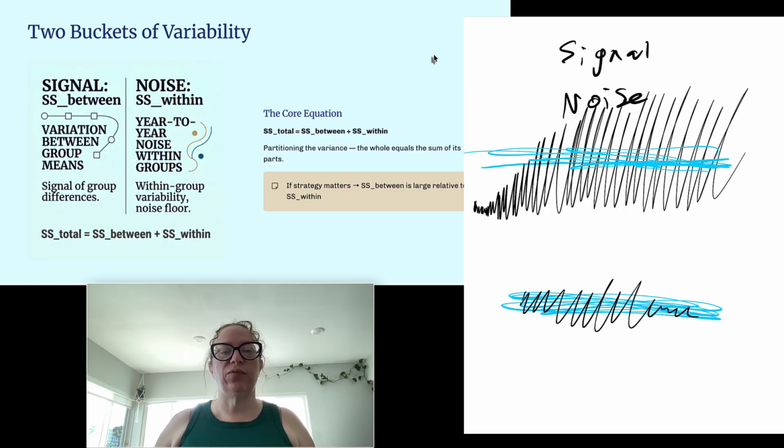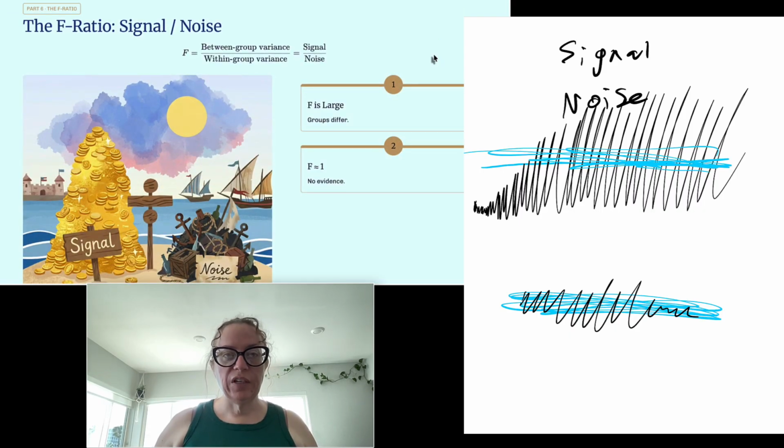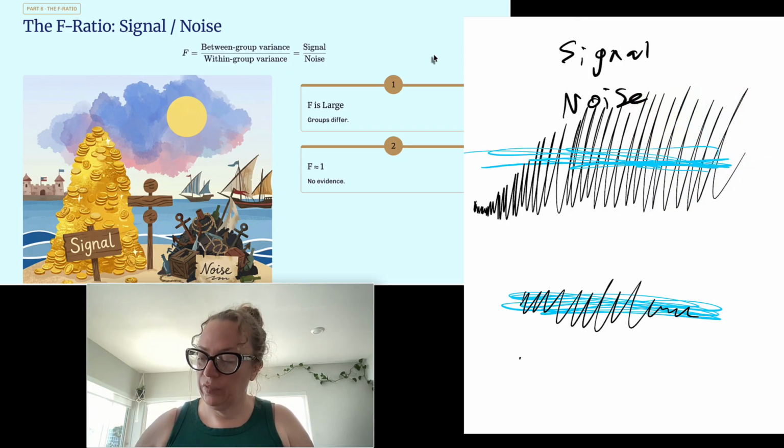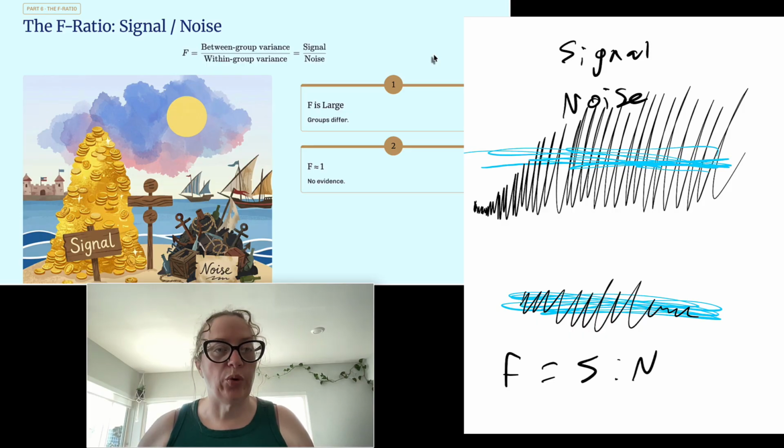If there's genuinely a difference, you can tell. That ratio, signal to noise, is the F statistic. The F statistic is the ratio of how much signal there is to how much noise.